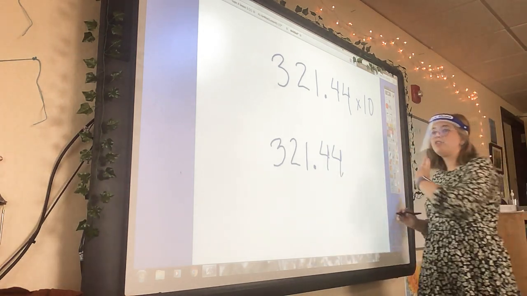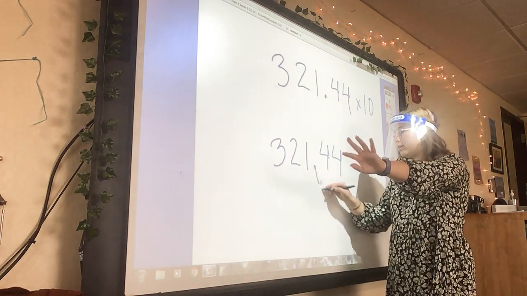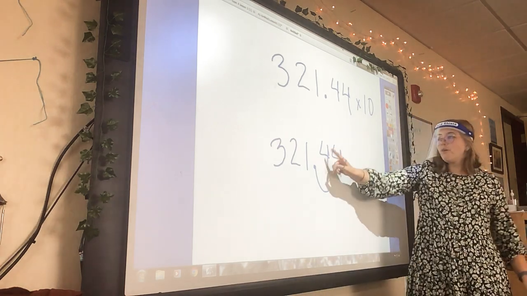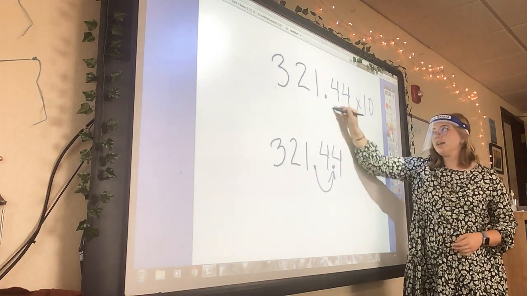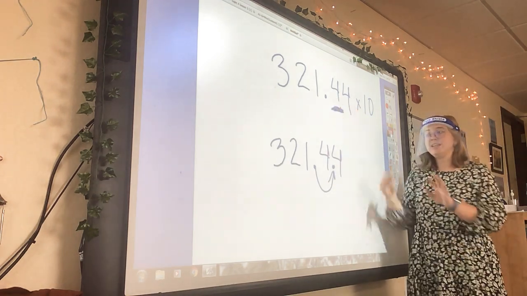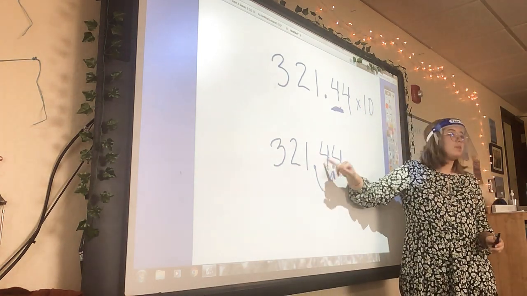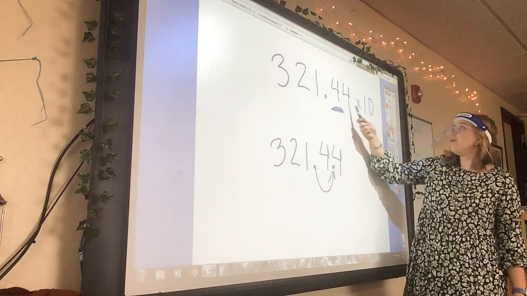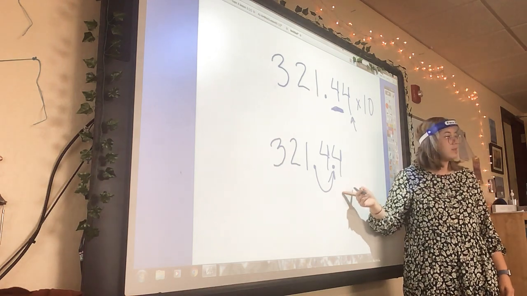So everything's going to shift to the left away from the decimal once. So, bloop. Now that 4 that was in the tenths place when we started, this 4 right here, since everything moved once, is now in the ones place, because it just moved up. And that 4 right here that was in the hundredths place is now in the tenths place.